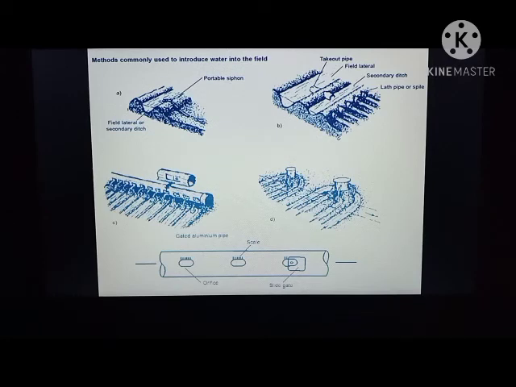Next we have the main ditch and the secondary ditch, and in here we have a pipe that connects the two ditches, and from the secondary ditch we have smaller openings that will transport the water through our field.